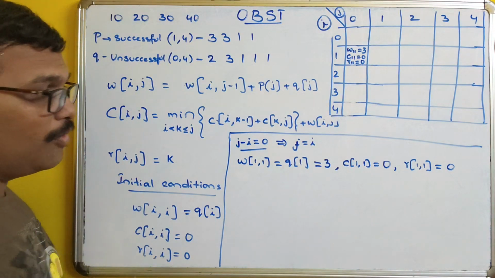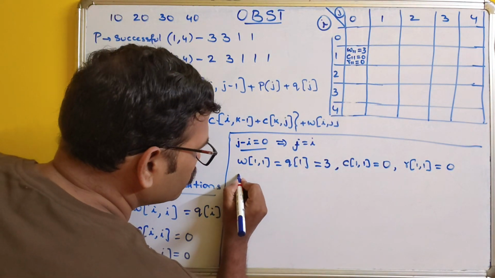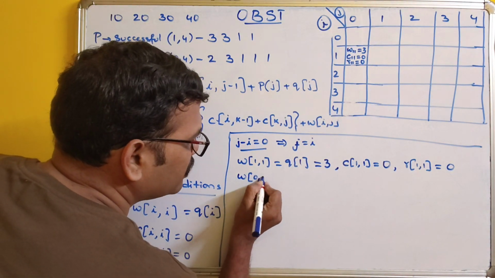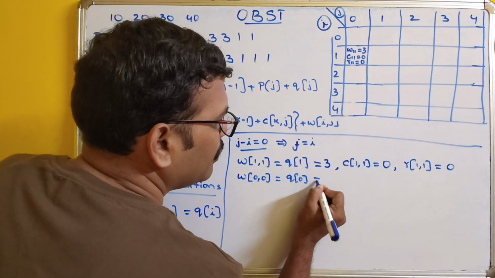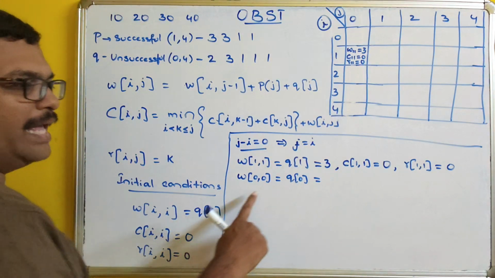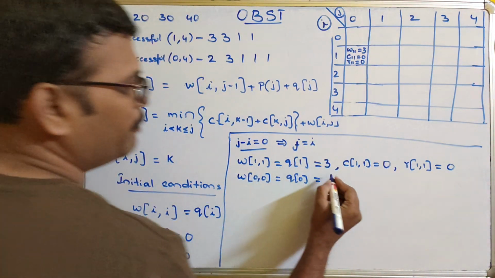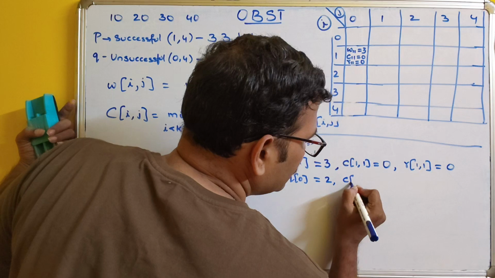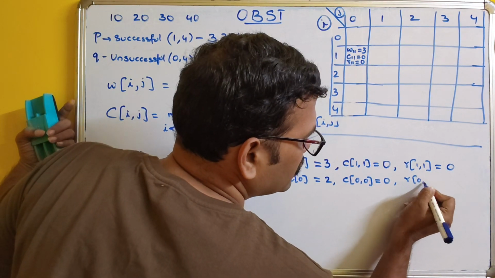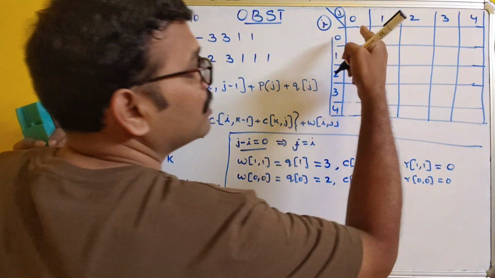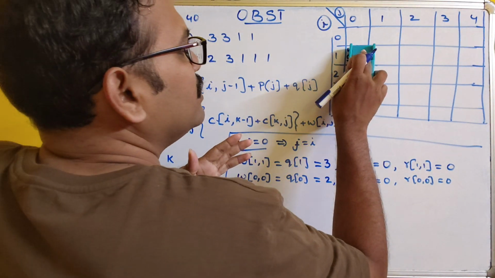Now, let us also consider W of 0 comma 0. So then it will be Q of 0. Then Q of 0 means it will be 2. C of 0 comma 0 is 0, R of 0 comma 0 is 0. So this is 1 0, no?